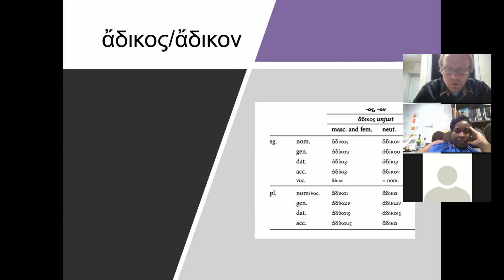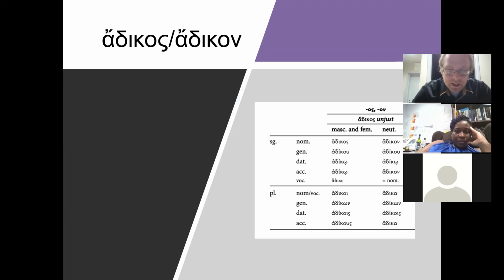But what's noteworthy in connection with adjectives of this type is that the masculine, the feminine, as well as the neuter all follow the second declension, and that there are no specific feminine forms like the ones we looked at previously. But the feminine and the masculine share forms in all numbers and cases.